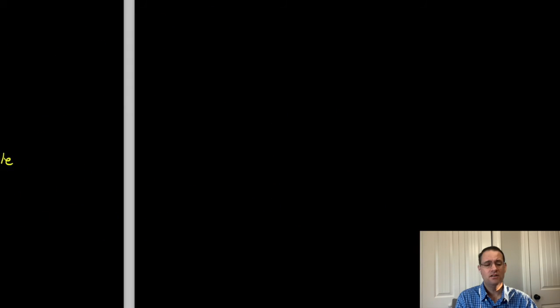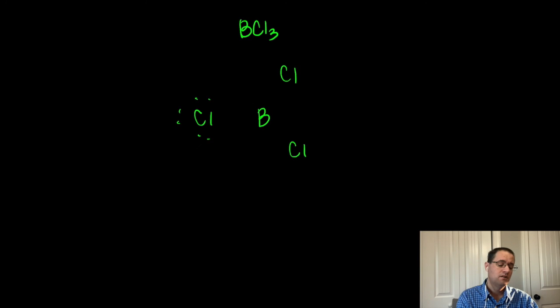Our next molecule is BCl3. Okay, boron trichloride. Boron is a less electronegative atom than chlorine, so we want to position the 3 chlorines around the boron. Chlorine, as we've already seen numerous times today, has 7 valence electrons.